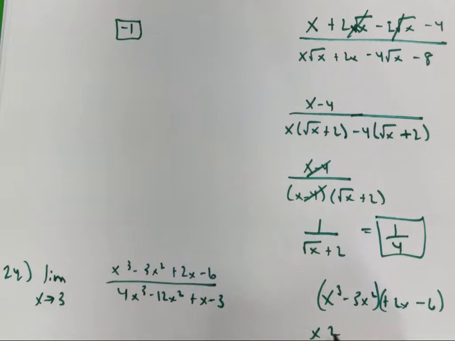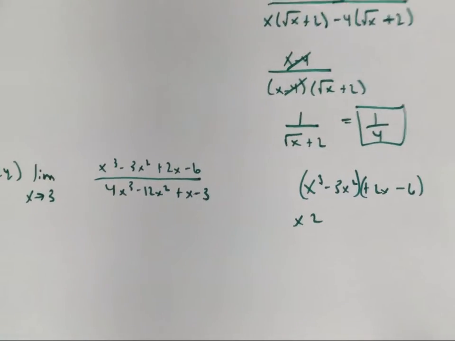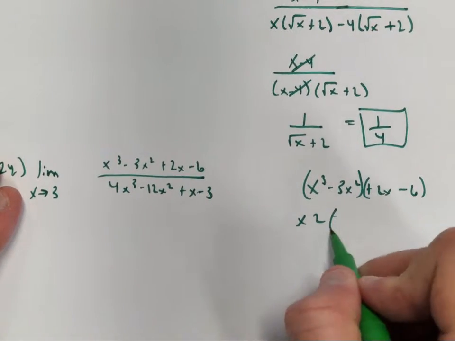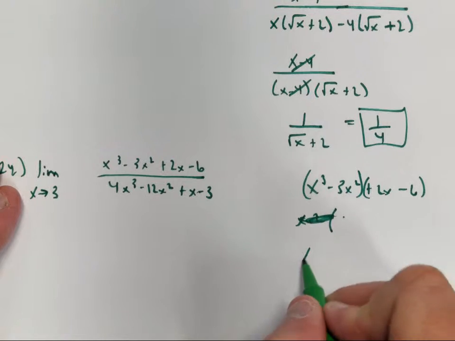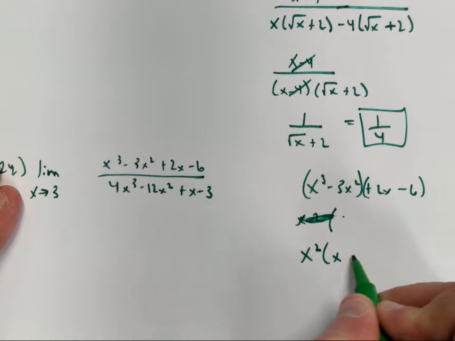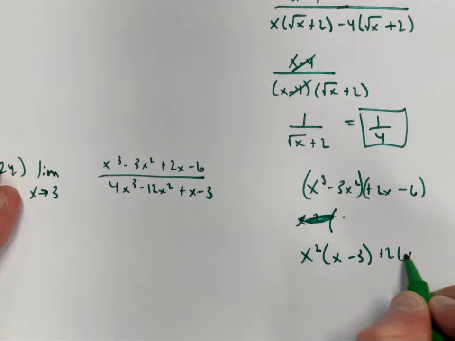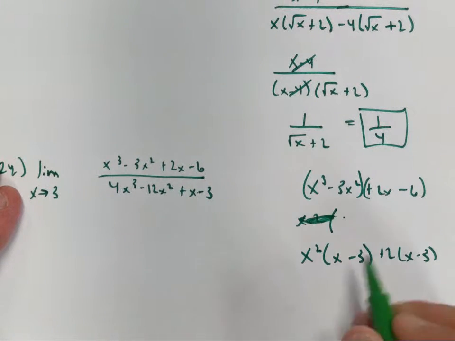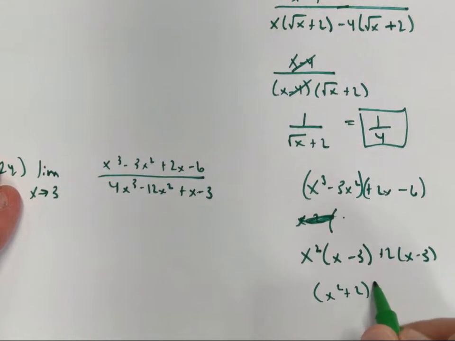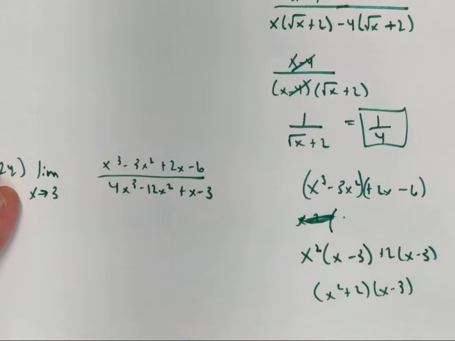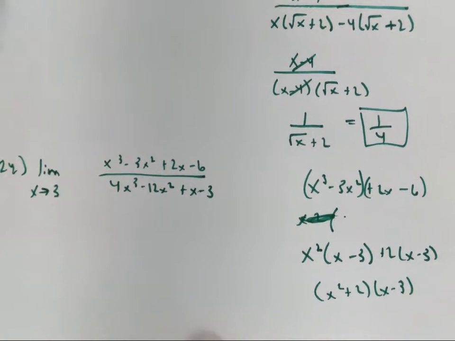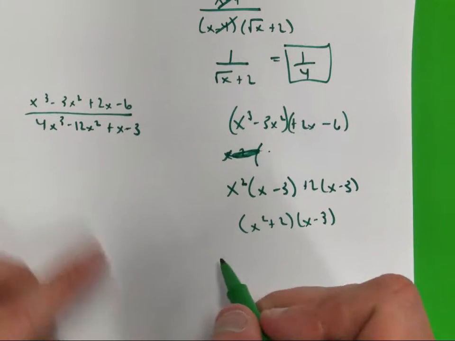I can take an x squared out. Oh, can't see it. That leaves them. Let's do this. Here I can take a 2 out.